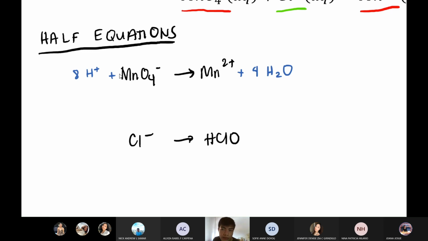Now, pag nakita nyo na tapos ka na maglagay ng H, kailangan tapos na yung balancing ng atoms mo. So you double check ulit. Isang manganese, 4 na oxygen. 4 times 1 is 4. Then 8 hydrogen. 4 times 2, 8 na hydrogen. And so balance na yung ating equation in terms of atoms.